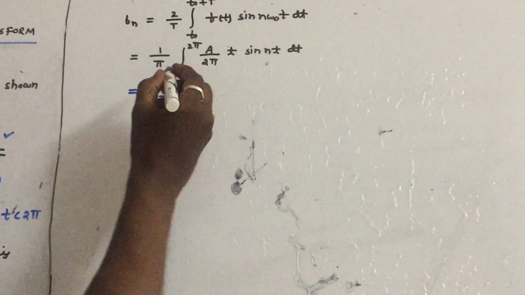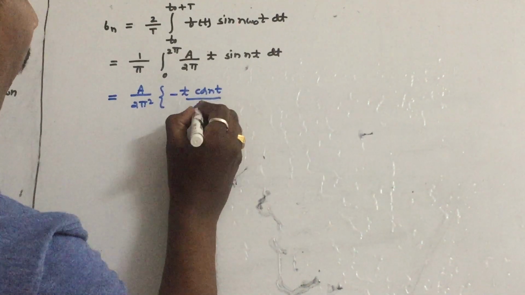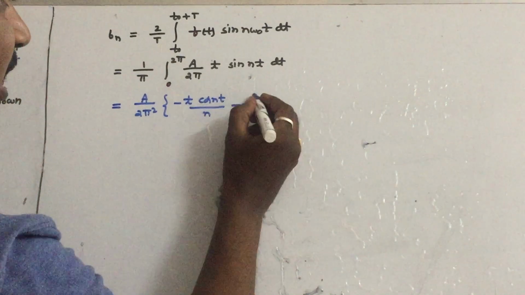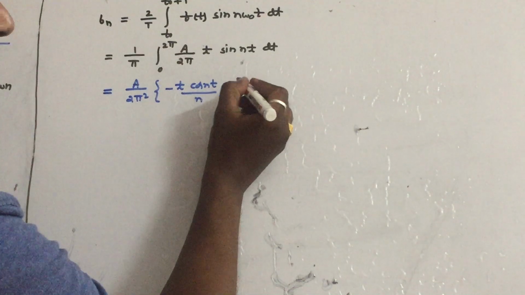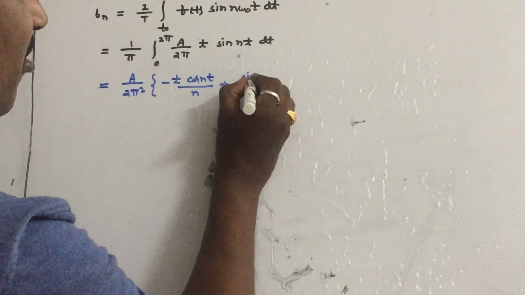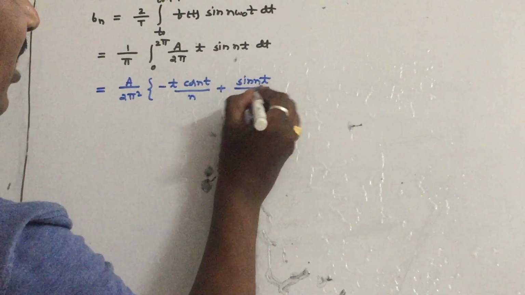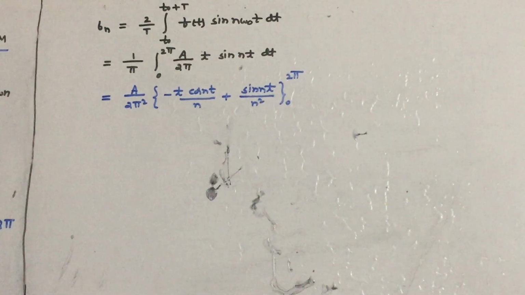Just integrate t sin nt: minus t cos nt by n, minus integration of differentiation of t, which is 1, into integration of sin nt, which is plus cos nt by n. If you again integrate, it will become sin nt by n square. Substitute the limits 0 to 2 pi.